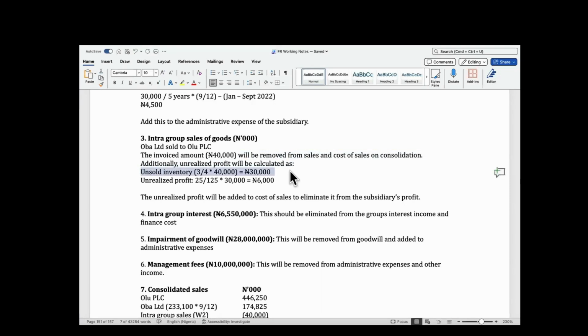Let's do it like this. Let me do the intragroup profits. I think this is not the way I taught you. I taught you this way. The intragroup profit is 25 over 125 times 40,000. How much will this give us?